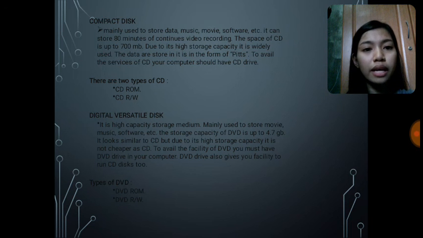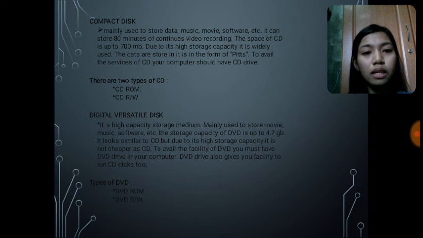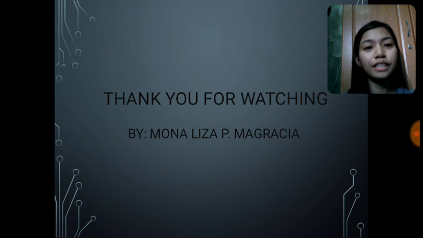It looks similar to a CD, but due to its high storage capacity, it is not as cheap as a CD. Types of DVD: DVD-ROM and DVD-RW. And that's all. Thank you.